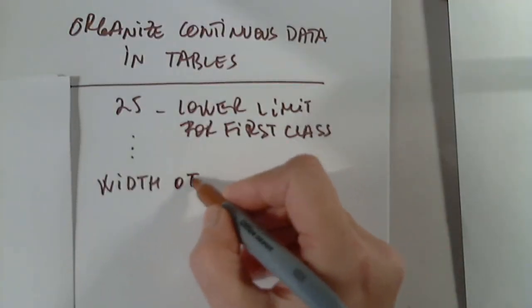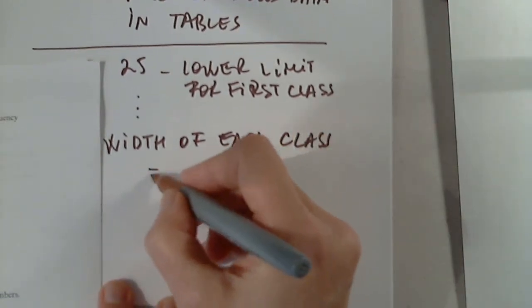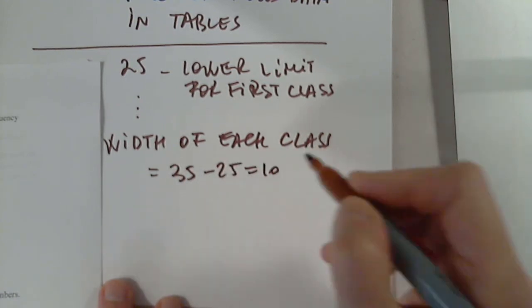Between 25 and 35 I have 10, between 34 and 44 I have 10. So you can choose either one. Let's stick with the lower limit. So the width of each class, in this case, is 35 minus 25, which is 10.